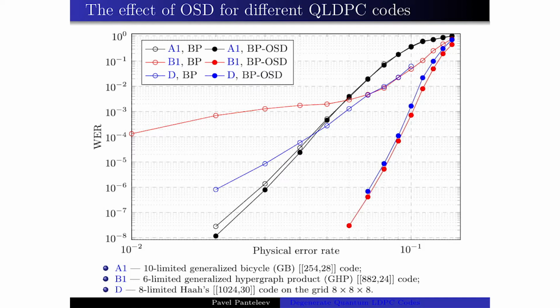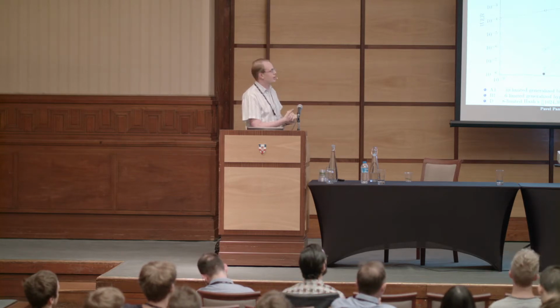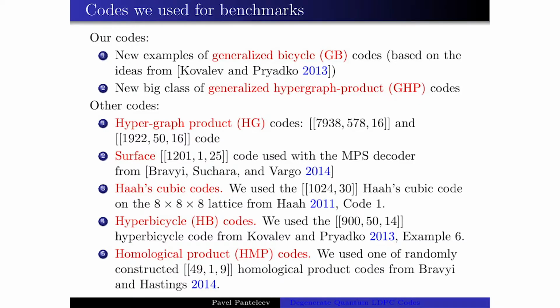But for other codes, for example, the HGP codes, the very well-known code on a 3D grid, you can see that the BP performance is awful. But if you use this OSD post-processing, it improves by several orders of magnitude. We also found our own codes that perform quite well and have the same characteristics, and even better characteristics than these HGP codes.